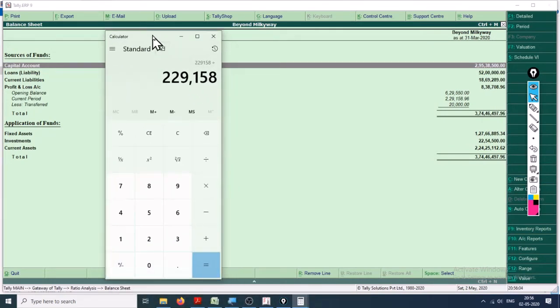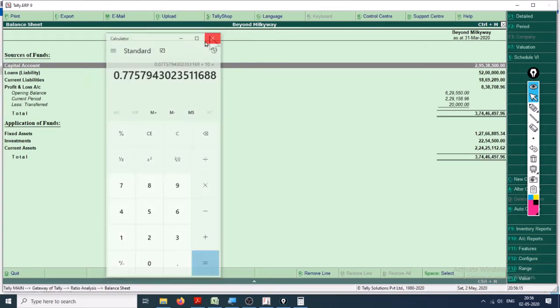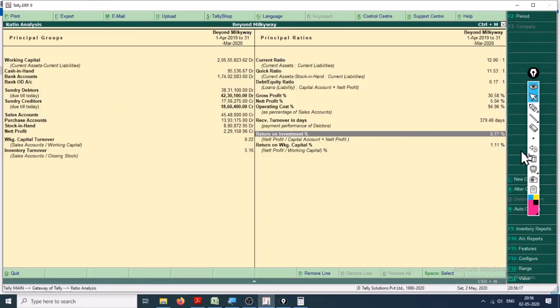Divided by 295,38500, equal to, into 100 is 0.77%. Hence the ROI comes to 0.77%. That is the return on investment. And whose investment is it? Capital account, that is the equity's investment.